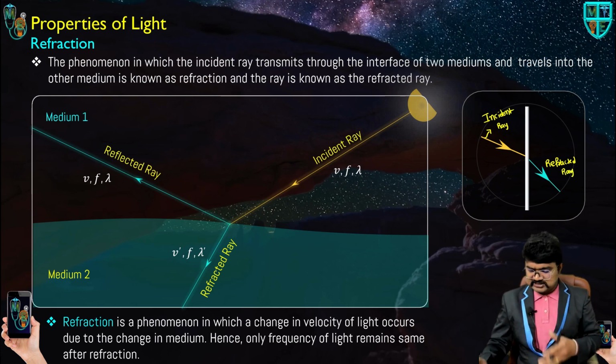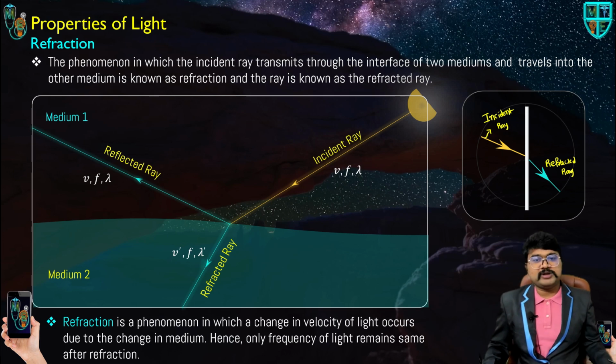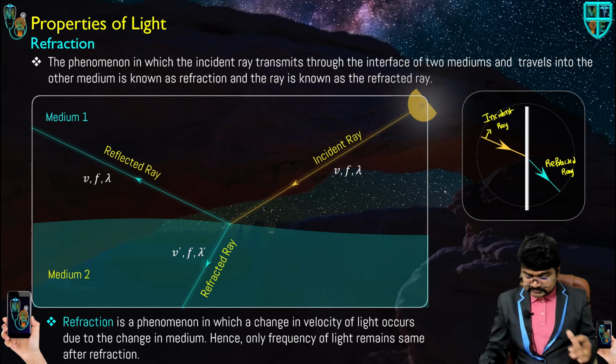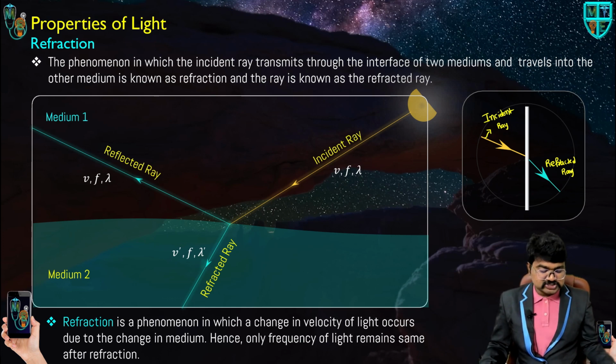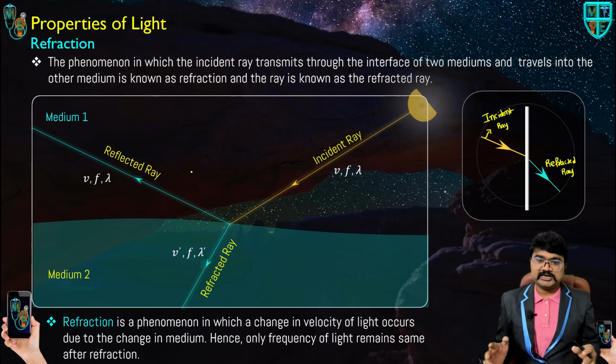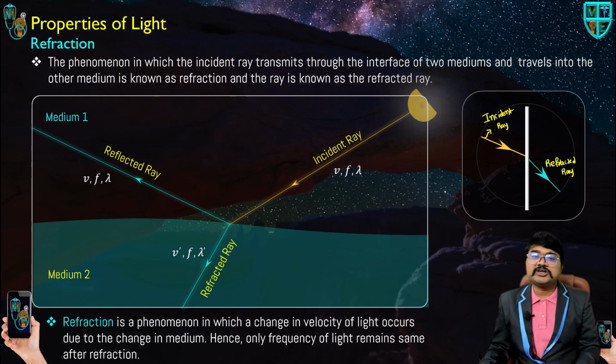Refraction is the phenomenon in which a change in the velocity of the light occurs due to a change in medium. Hence, only the frequency of the light remains the same after refraction. Frequency is not changing in case of reflection and refraction. In case of refraction, the velocity of the light is changing and the wavelength of the refracted ray is changing.